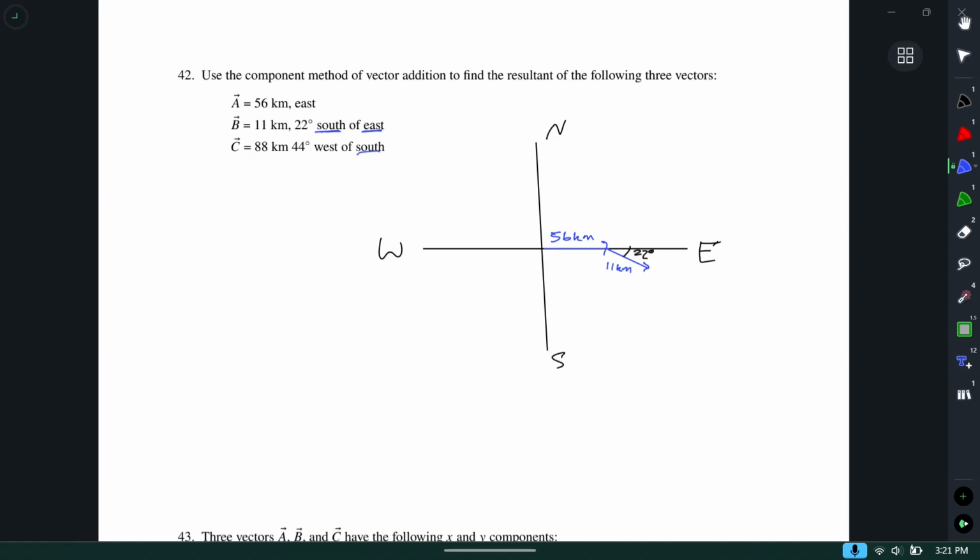So I look towards the south and turn 44 degrees west of it. Well, if I'm standing right here and I'm looking south, turning 44 degrees west of it would mean I'm now looking something like this way. And they say 88 kilometers, so it's a pretty large displacement, maybe something like that.